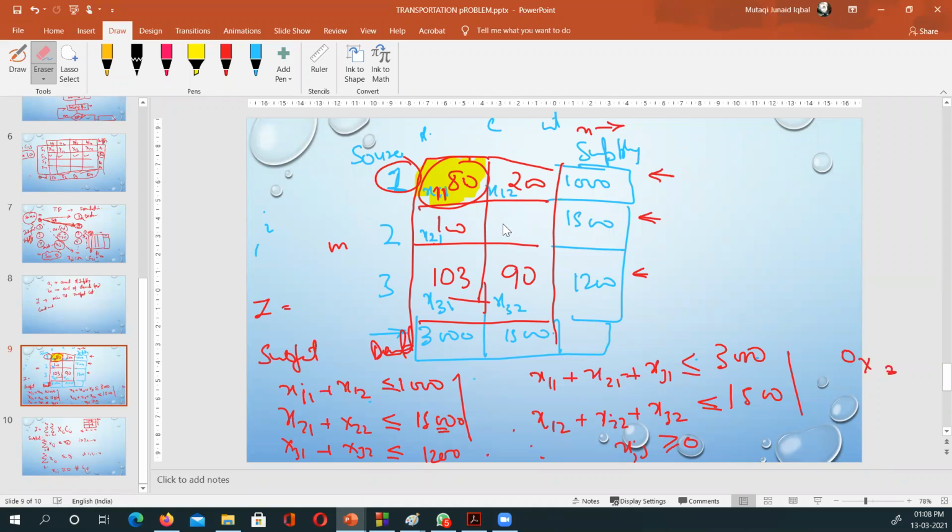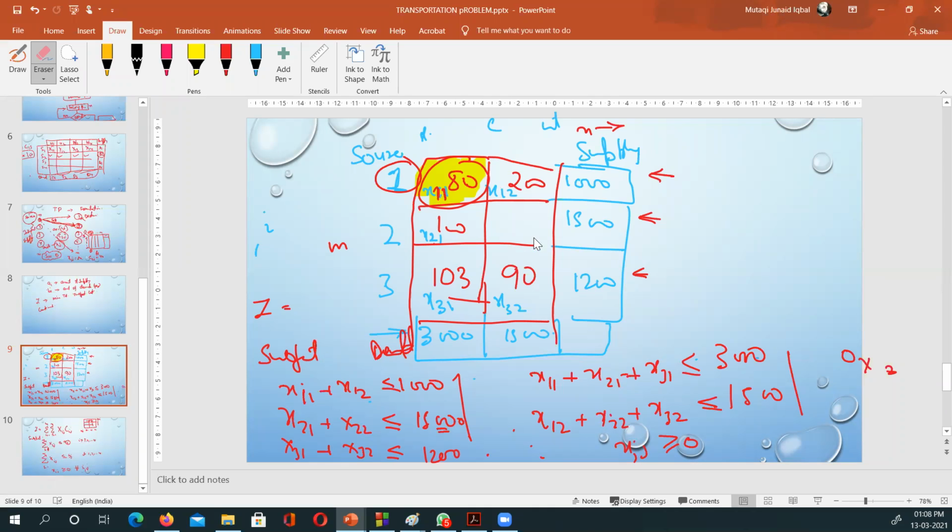But if it is there, it will be added. So this is my z. Add all the boxes, each of which represents an arc. Every box represents an arc in my diagram, and has two pieces of information: what cost and which product per unit.